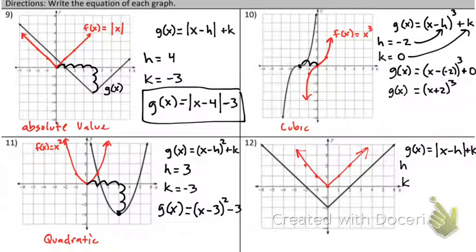So if you look, I do not shift left to right. So that means my h is 0, but I do shift down 1, 2. So that means my k is -2. Let's plug it in here. So g of x equals x minus 0, oops, absolute value, and then -2 for k.